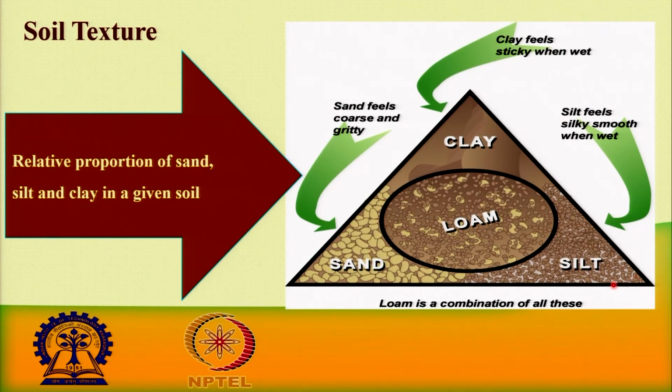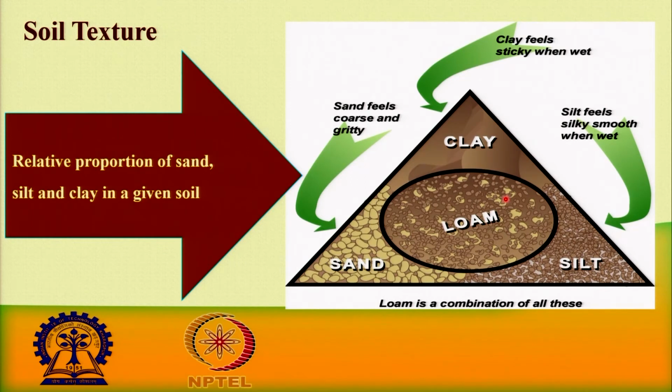And silt, you feel silky and smooth when it is brought in contact with water. When they are in different proportions, that is loam, a combination of sand, clay and silt in different proportions, and accordingly the nomenclature is given, whether it is sandy clay loam, sandy loam, or silt clay loam.